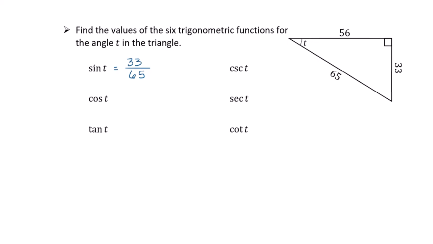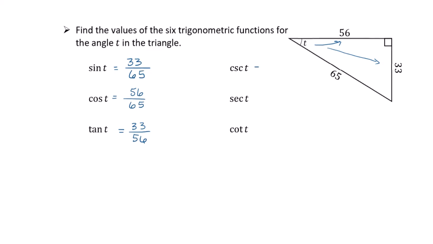Cosine of t is adjacent divided by hypotenuse, so that is 56 divided by 65. And tangent is going to be opposite divided by adjacent, so it's 33 over 56.